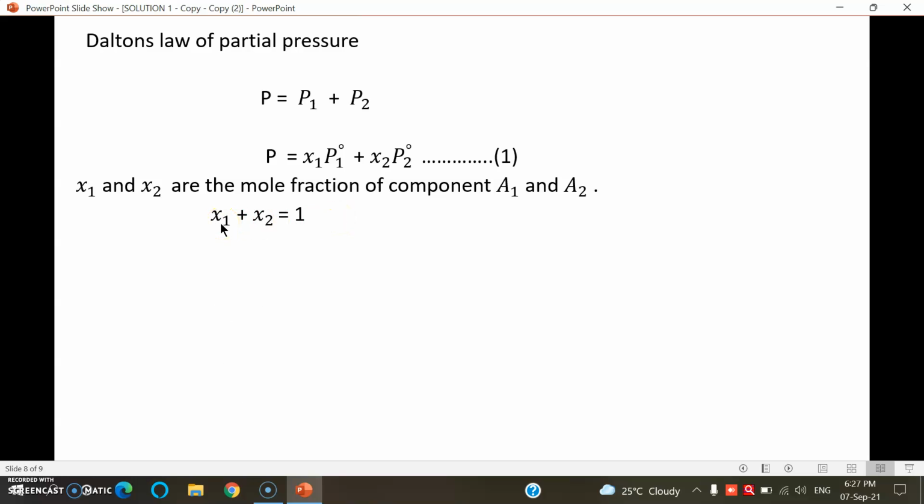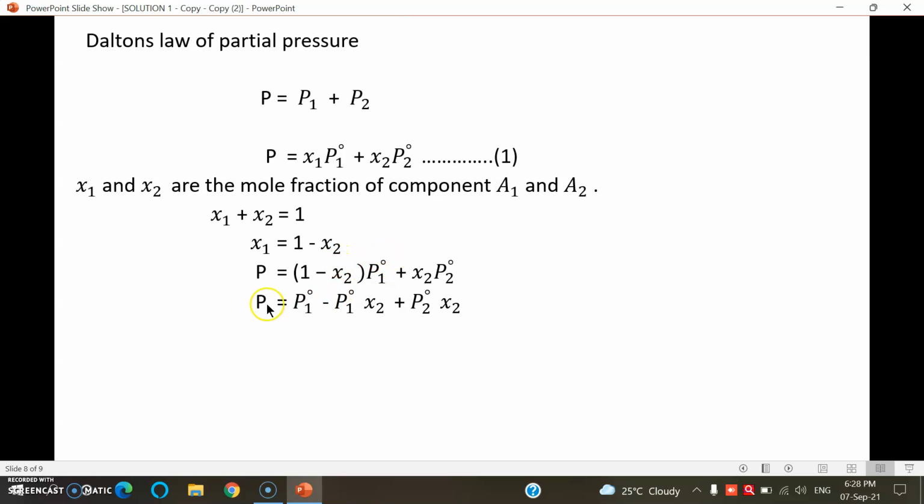As you know, X1 plus X2 is equal to 1, so X1 is equal to 1 minus X2. Putting this value in equation 1, P is equal to (1 minus X2) into P1 naught plus X2 into P2 naught.